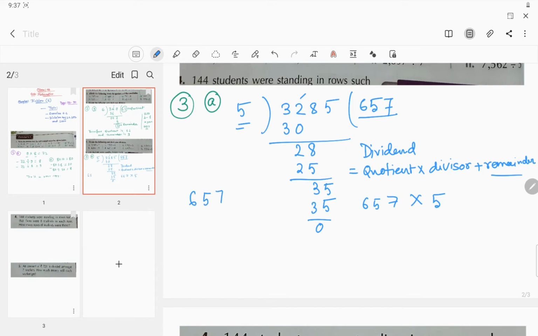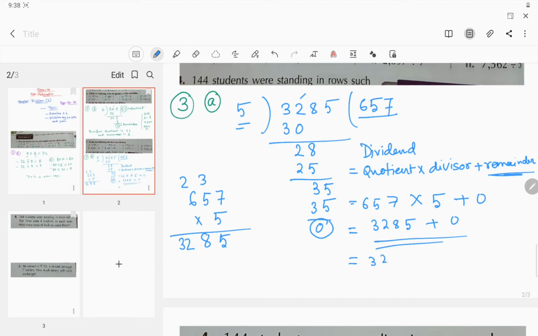So 657 cross 5, 5 7s are 35, carry over 3, 5 5s are 25, 25 plus 3 is 28, carry 2, 5 6s are 30, 30 plus 2 is 32. Here remainder is 0.